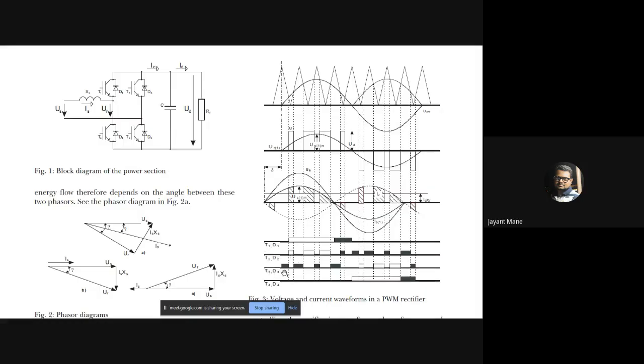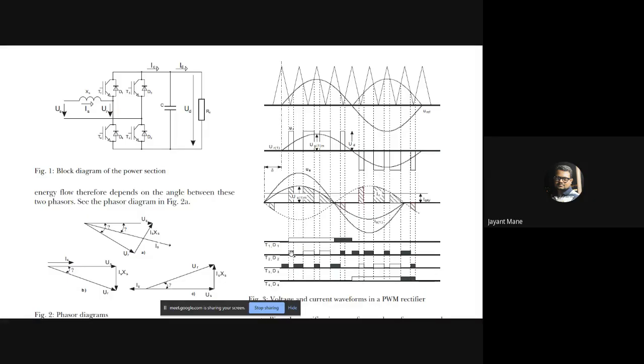Similarly, T2 D2, T3 D3, T4 D4. Now you can see at any instant only two devices are on. So consider this instant. T1 is on and T2 is on. Only T1, T2 are on.